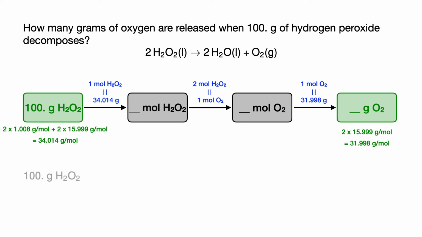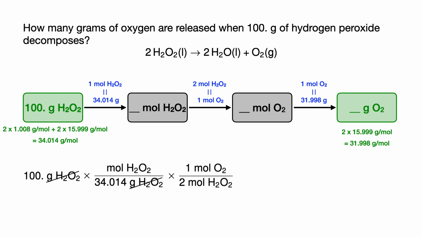So 100 grams of hydrogen peroxide, we can convert that into moles of hydrogen peroxide using the molar mass, so multiply by 1 mole of H2O2 per 34.014 grams. Grams of H2O2 are going to cancel out, and now we can convert from moles of hydrogen peroxide to moles of oxygen using the stoichiometric factor, that there's 1 mole of oxygen per 2 moles of hydrogen peroxide.